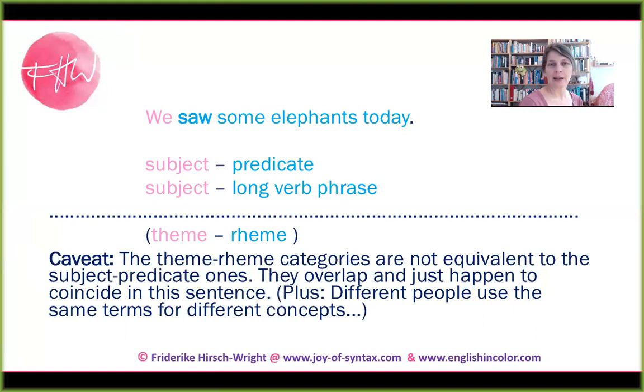It's not helpful in my kind of approach to teaching people critical thinking and good writing and close reading and an understanding of grammar for the purposes of teaching and for the purposes of self-development and awareness and all of that. But you need to be aware that that's out there, and you need to be aware that different people use it differently, and that in this particular sentence, the theme coincides with the subject and the rheme coincides with the predicate.